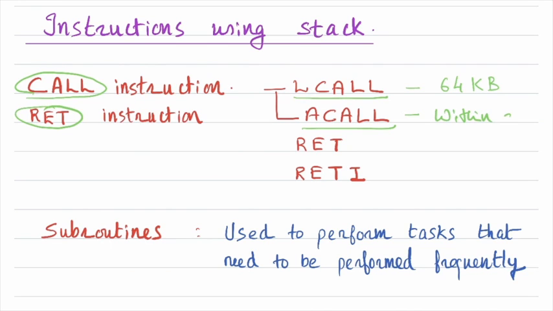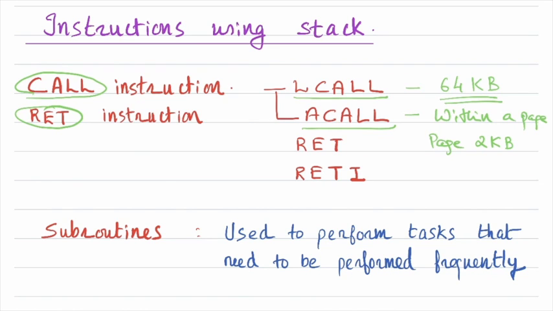Within a page, as we know that a page is a memory of 2 kilobyte within the 64 kilobytes. A 2 kilobyte is called page. So within a page, this absolute call we can use if the subroutines are residing within that page, and long call we can use if the subroutine is residing anywhere inside the 64 kilobyte of memory.